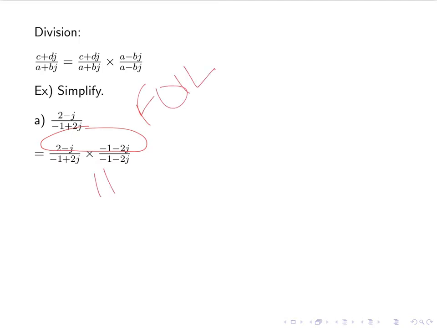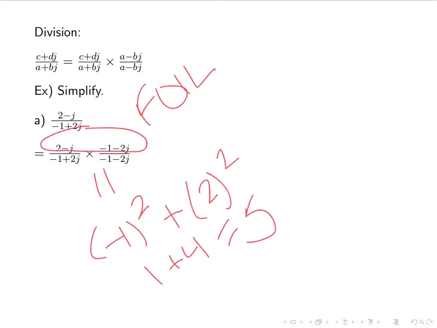The bottom is going to be a squared plus b squared. So again, remember, b is the imaginary part. It's the coefficient of j. It is a real number. So we end up with 1 plus 4. So our denominator will be the very nice real number of 5.